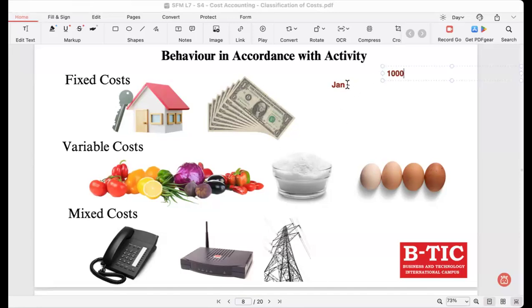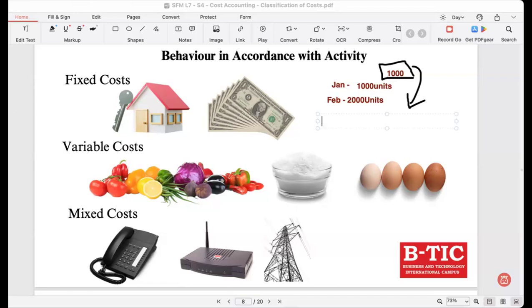In January, you produced 1,000 units and pay the rent of 1,000. In February, you produce 2,000 units. Does this mean that your rent is going to increase? No. Even if you produce 2,000 units, you still pay £1,000.